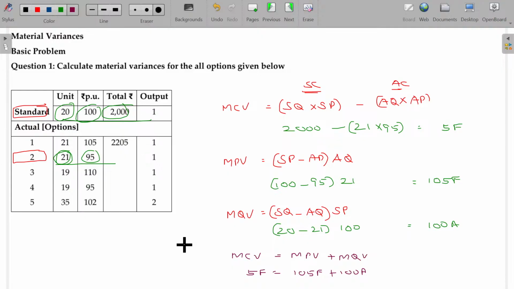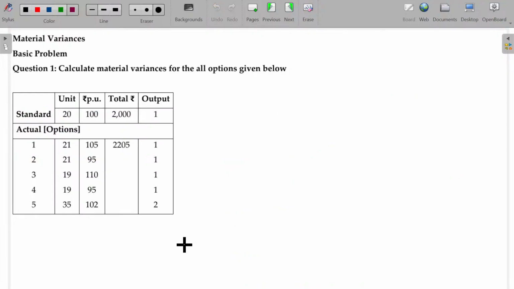Third option. Now, I'll go for the third option compared with the standard.